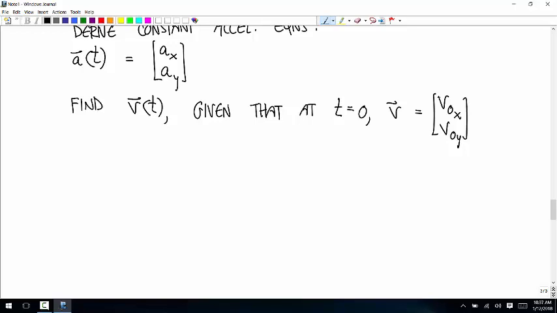And so like for the x component, you would say vx dot, that's the acceleration in the x direction, is equal to this constant ax, where the x velocity at time equals 0 is equal to this constant v0x.